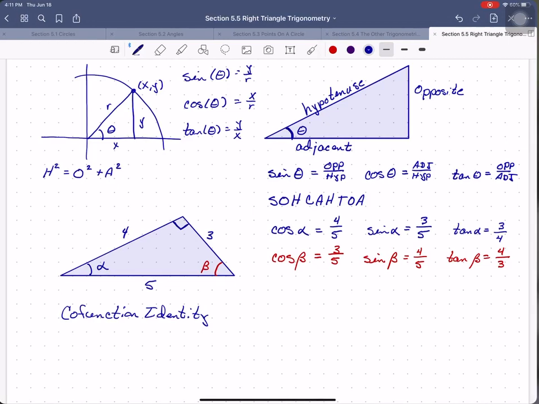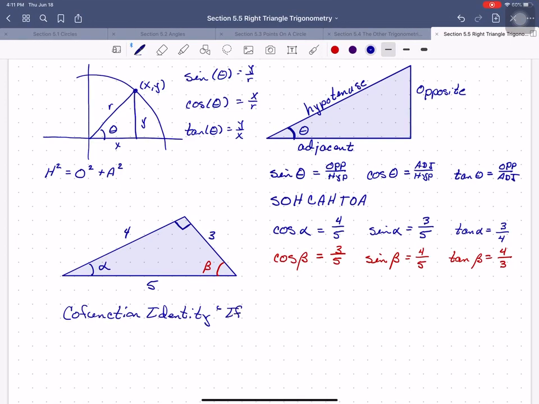The first way I'm going to write this is that if alpha plus beta equals 90 degrees, and we can do this in radians as well, then cosine alpha equals sine beta, and sine alpha equals cosine beta.